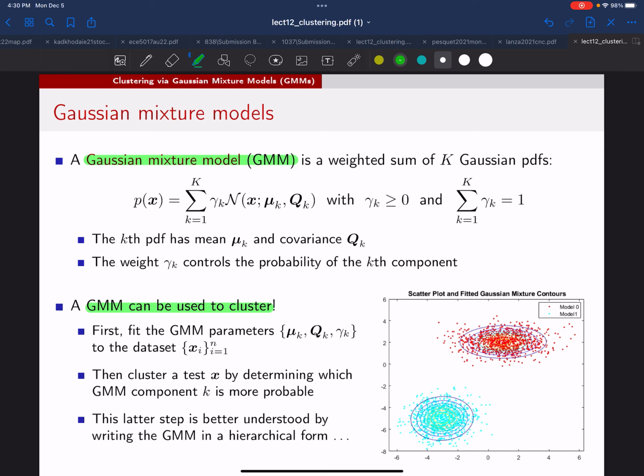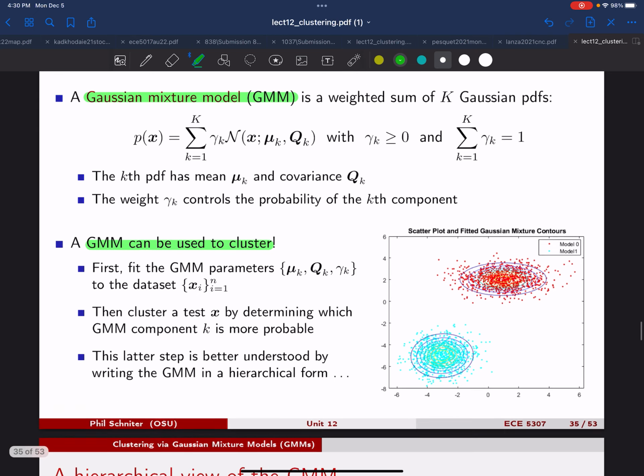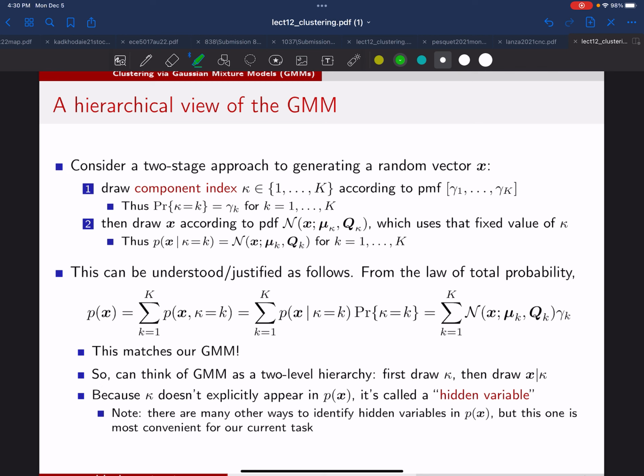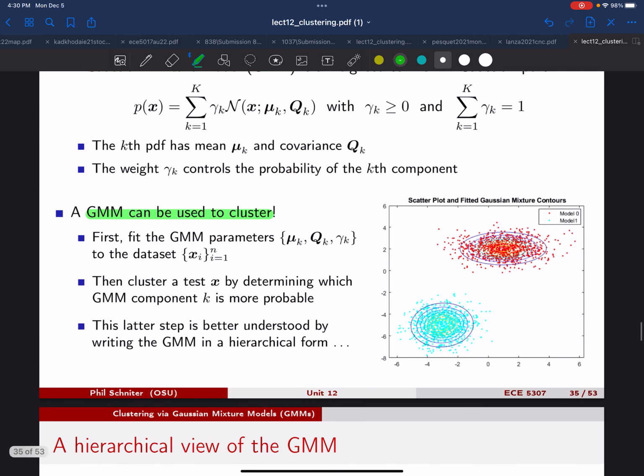But to understand a few details, we want to rewrite the GMM in what we call a hierarchical form. The way we can think about this is, imagine that you wanted to simulate a data set from a given Gaussian mixture model.